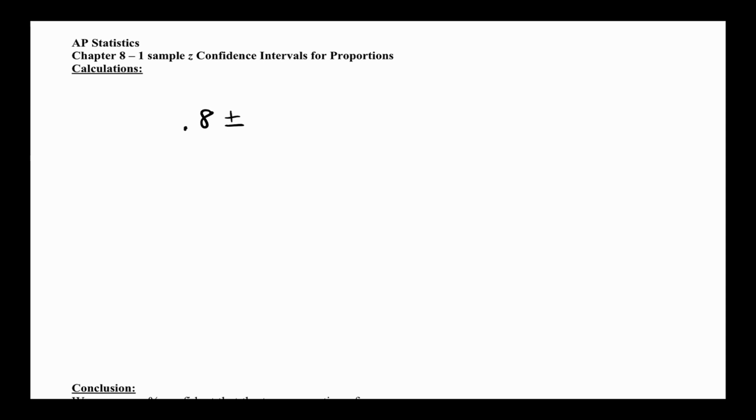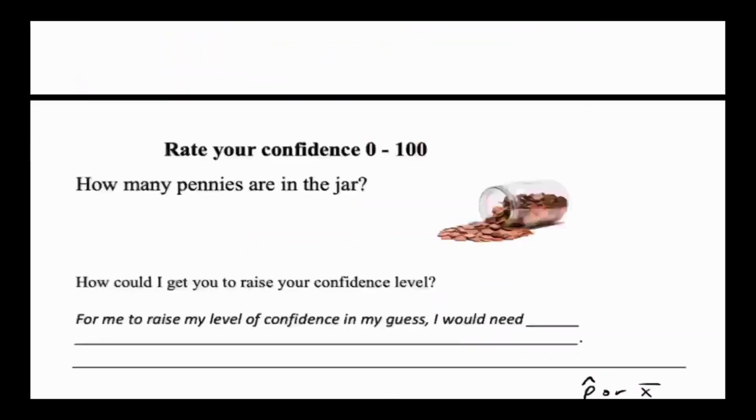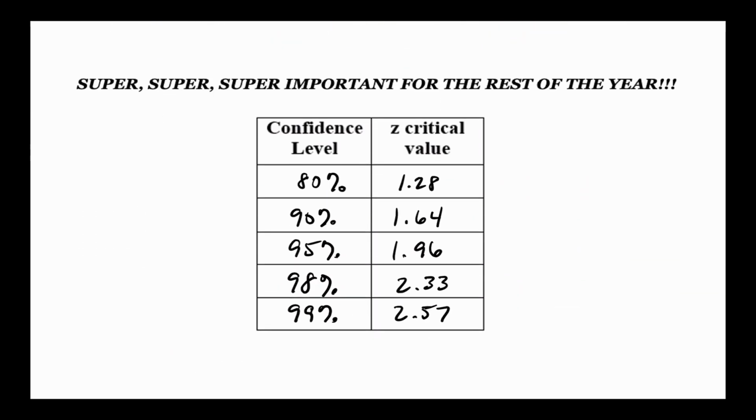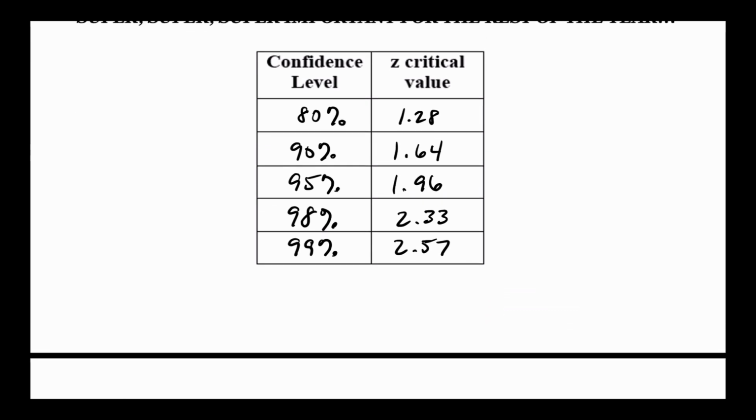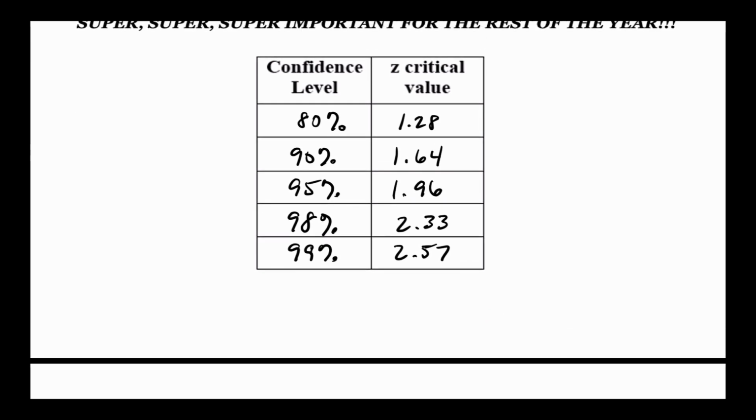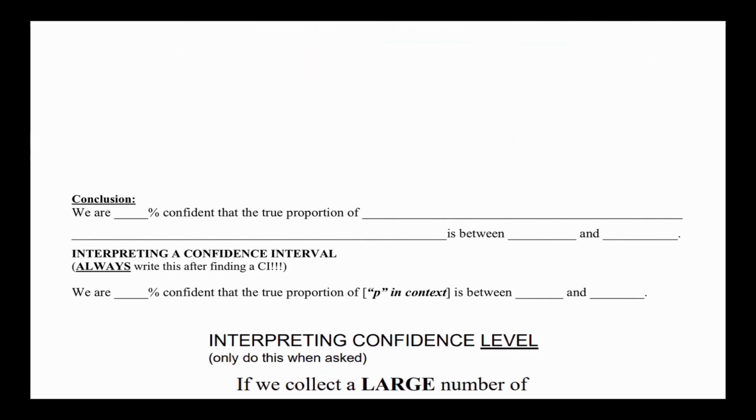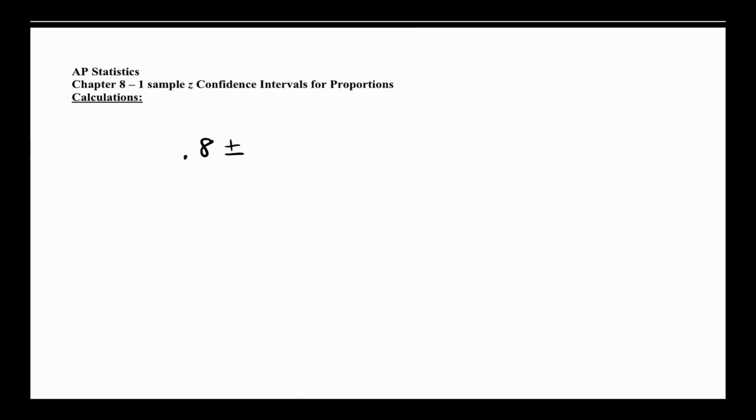What is Z critical going to be for this problem? Yep, it's a 95% confidence interval, right? And that's what we did yesterday. We made a table so that we could easily refer to it. So 1.96, that's the number we're going to use for Z critical. If it's a 95% confidence interval, it will always be 1.96.